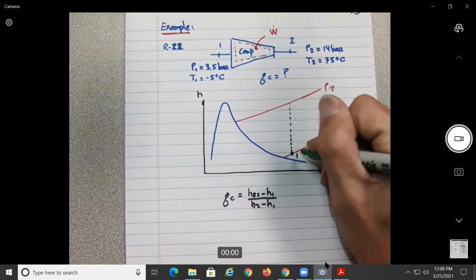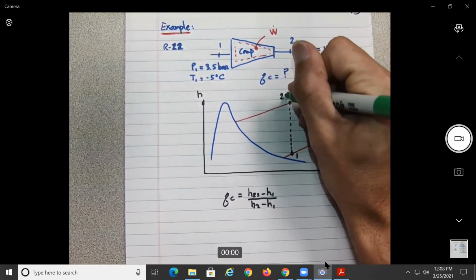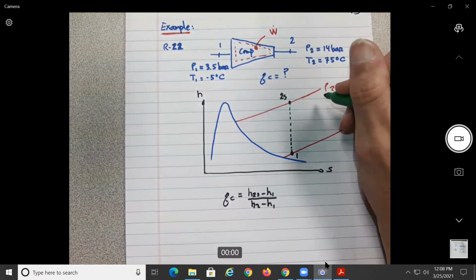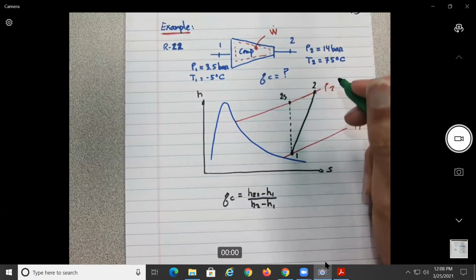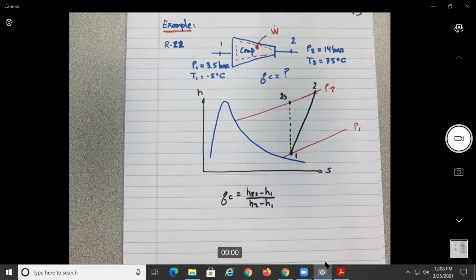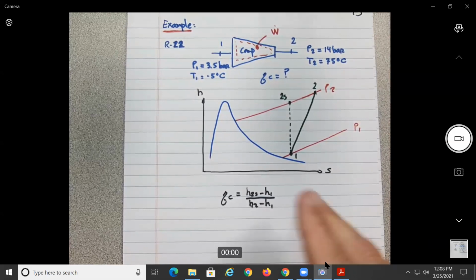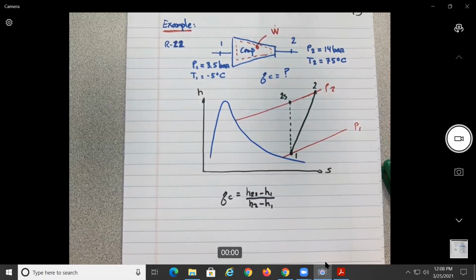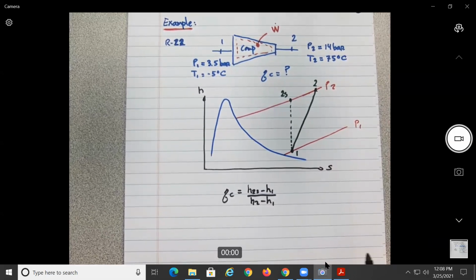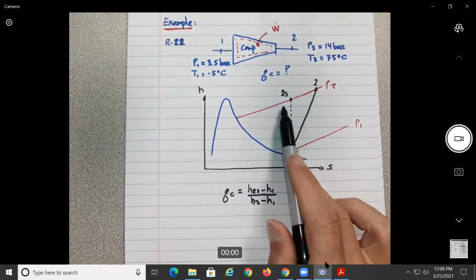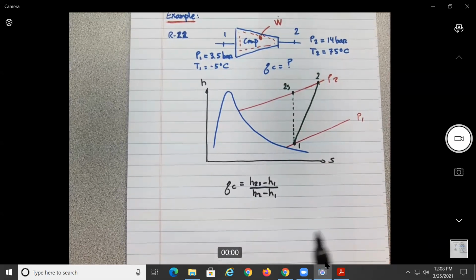So it should be 1, 2s, 2 should be here. Okay, so we can leave it that way. I'm not going to start putting everything. So basically, we need to find H1, H2, and H2s, no? So let's first find H1.